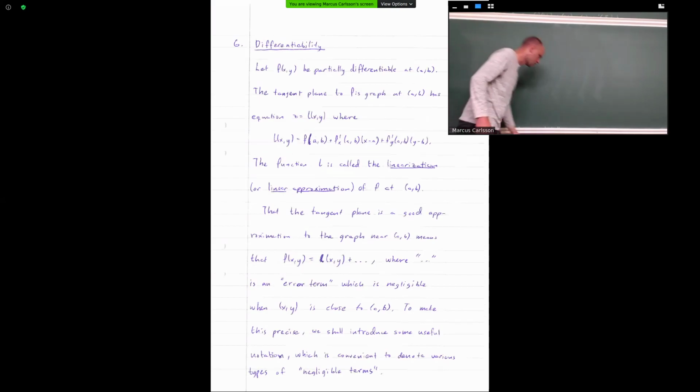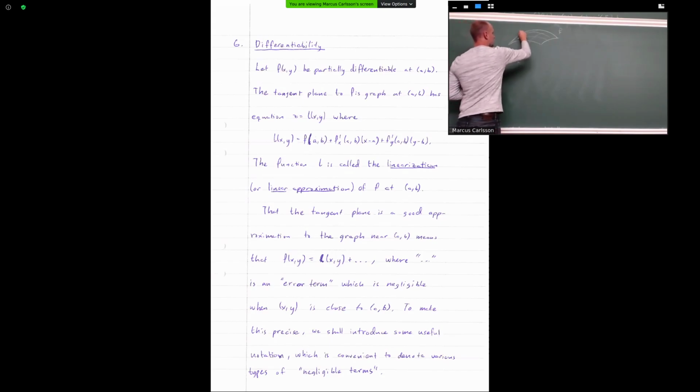So you have the x, the y direction. Here's a point (a, b). Up here is some sort of surface, the graph of a function. The value of the function at (a, b) is that.